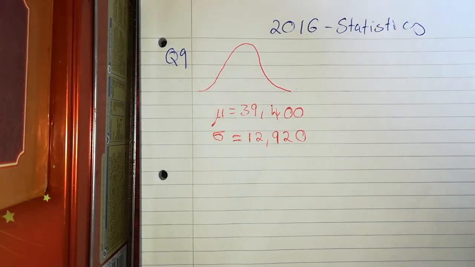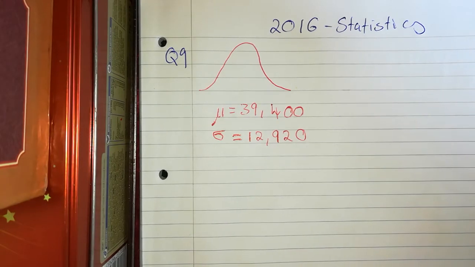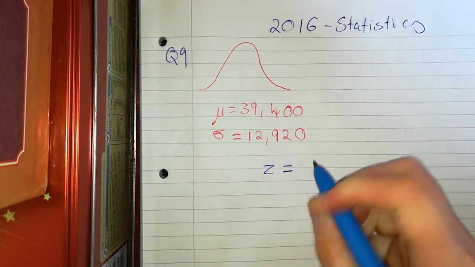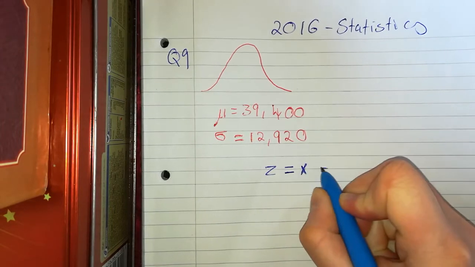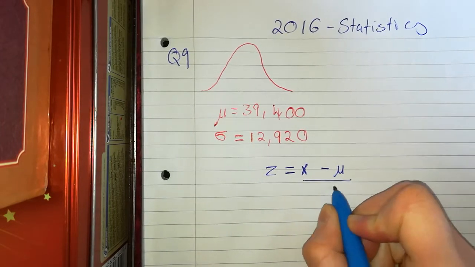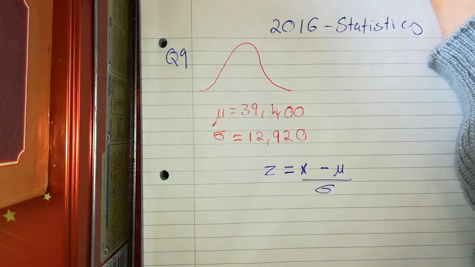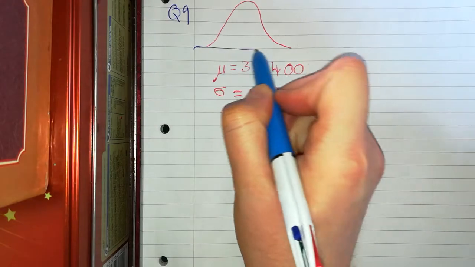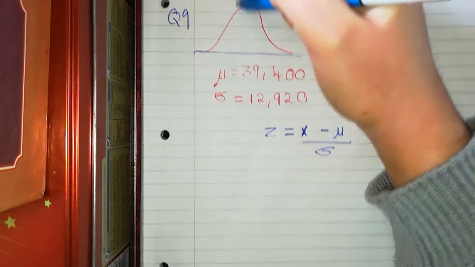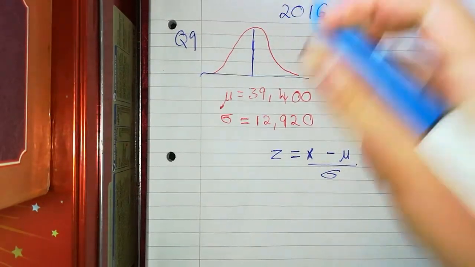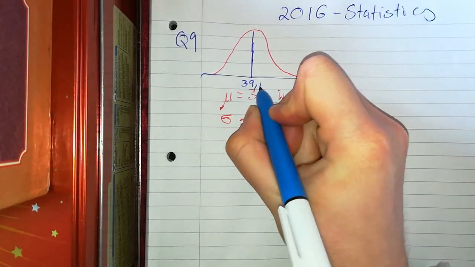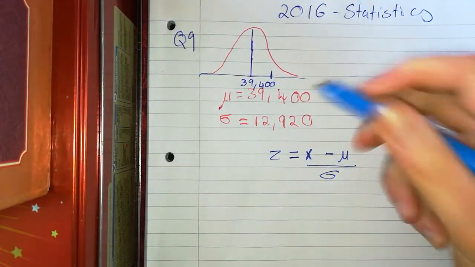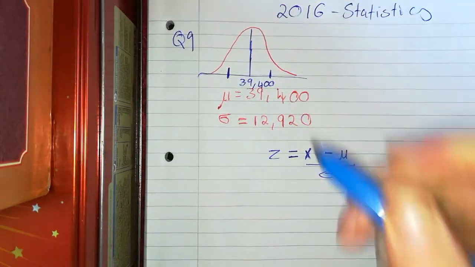So my formula, if I want to convert actual figures to a Z value, is Z equal to the figure in question minus the mean, over the standard deviation. Say this is my diagram. My mean is always in the middle, so say this is my mean, 39,400, and then this is plus one standard deviation and minus one standard deviation.